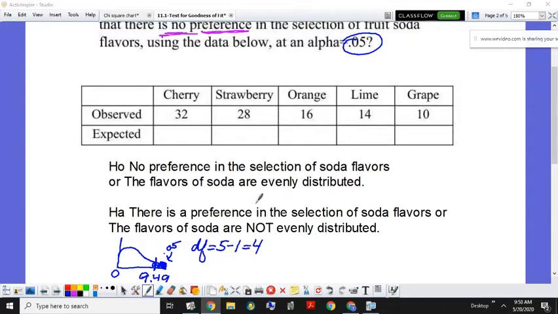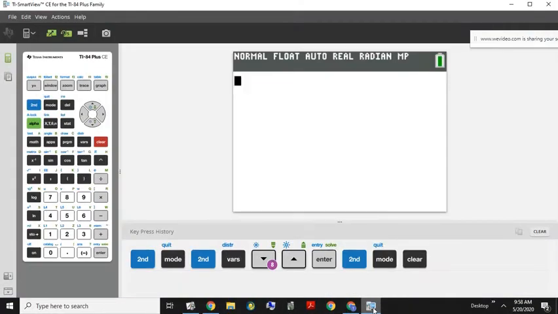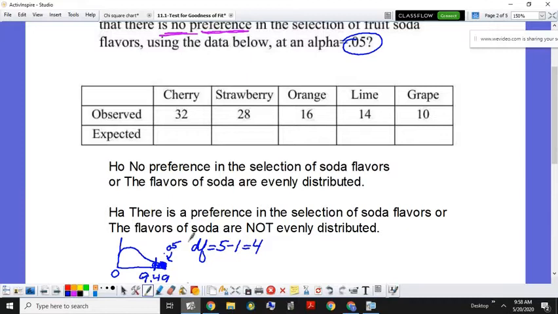Now we're going to go to the calculator. So get your calculator out, and you are going to put in list 1 your observed. Your expected is going to go in list 2. So let's talk about this. If you total up list 1, the total amount of people that tried the soda flavors was 100.